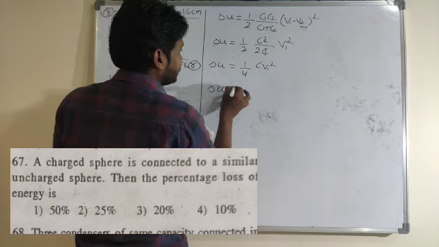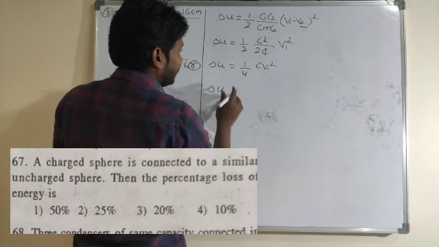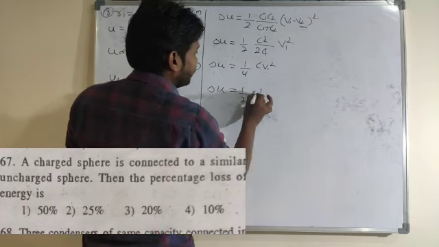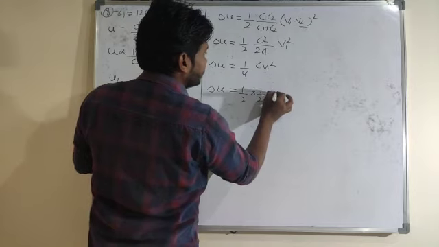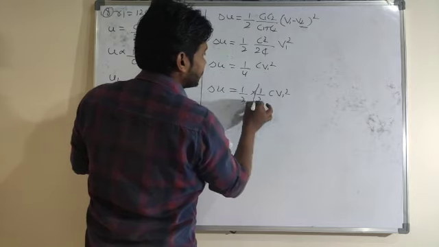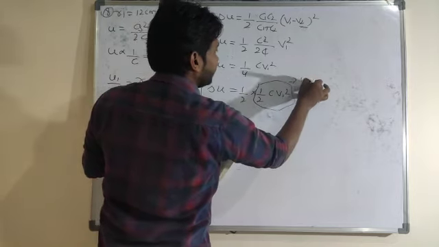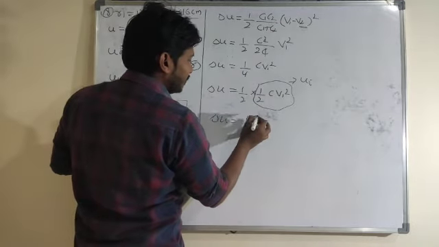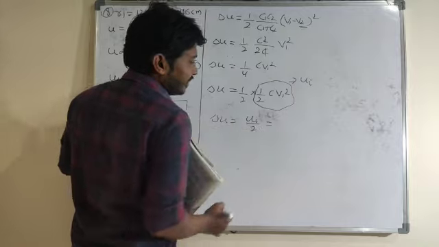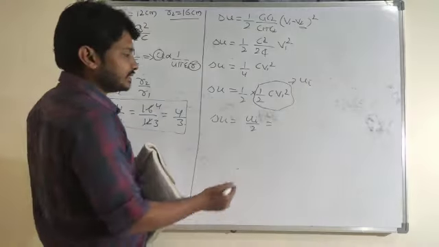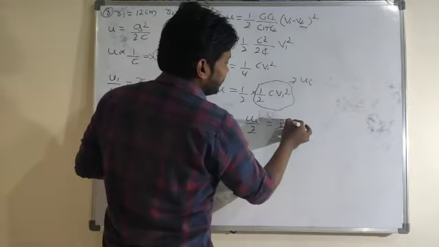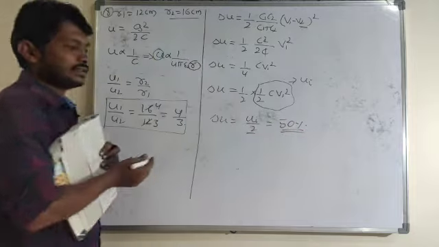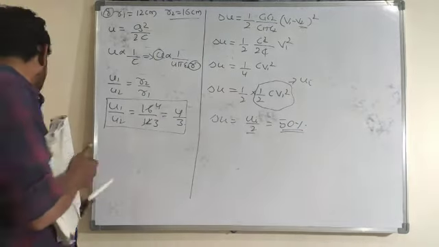So I take delta U as 1 by 2 into 1 by 2 C into V1 square, which is nothing but the initial energy stored. So delta U is equal to U initial divided by 2. Initially it is 100%, so half of the initial means the answer is 50%, half of the initial value here.